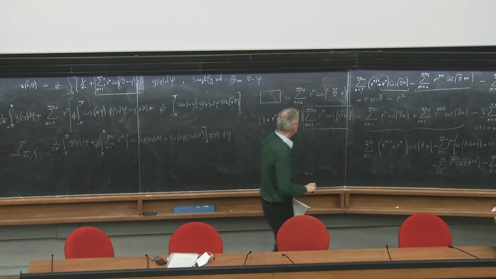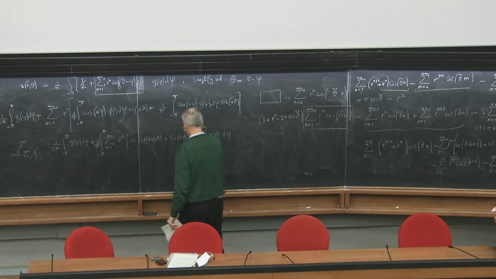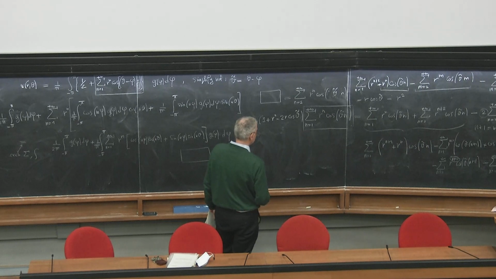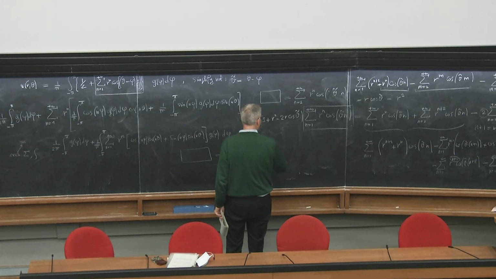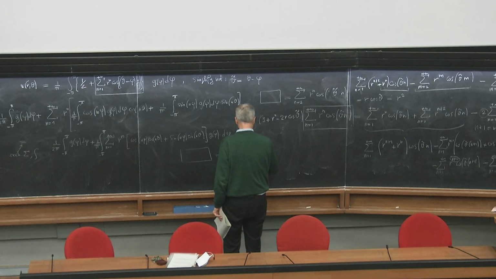So this means that the box equals r cosine of theta tilde minus r squared, divided by 1 plus r squared minus 2.